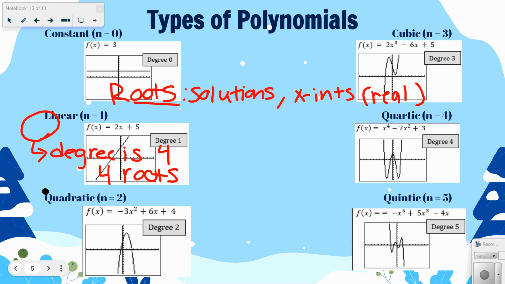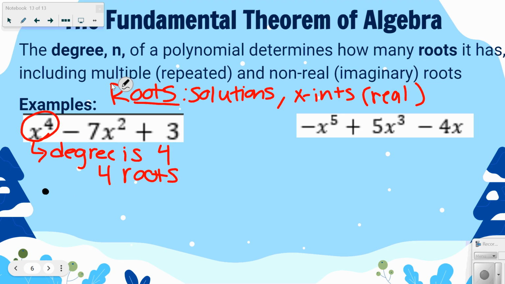Look, I crossed my x-axis 1, 2, 3, 4 times. So that would be an example of what something would look like. So I can have 4 real roots. I have other scenarios of other types of solutions I can have. And my other types of solutions could have imaginary solutions as well.